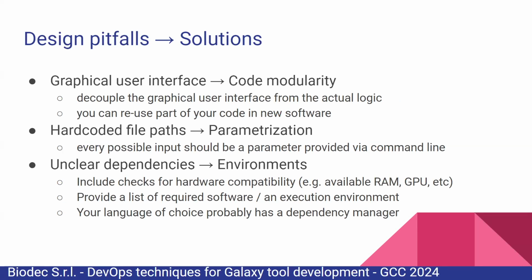Have parameters everywhere, so no paths that are coded in the tool, but everything is provided via command line parameters or a configuration file. Have a list of requirements and so on, and check when the tool starts if there are available resources for what the tool wants to do.